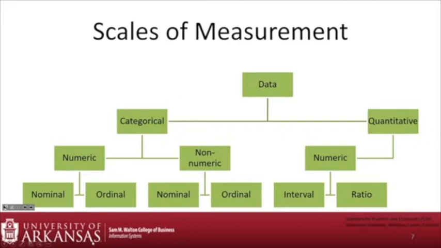So just because you have a number, is it okay to do descriptive statistics just because something's a number? No. So for example, let's say I'm looking at hair color, and I say that black hair is 1 and brown hair is 2.